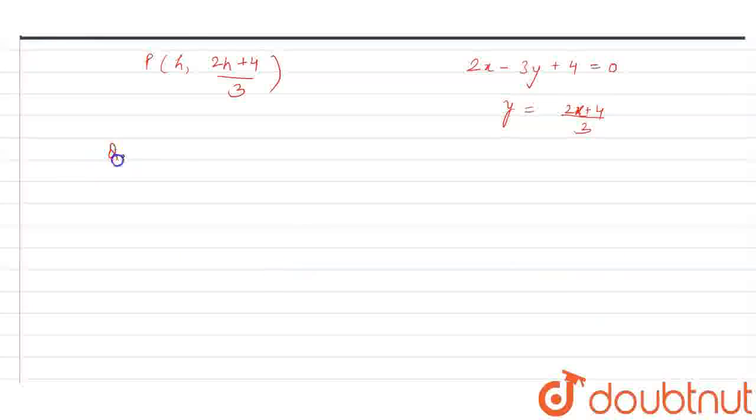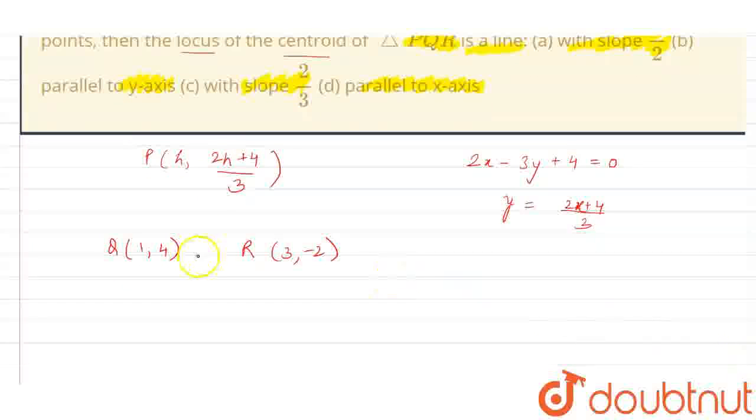And we are given point Q as (1, 4), and R as (3, -2) in the question. All right, so we need to find the centroid, so let us call it G, with coordinates (m, n).